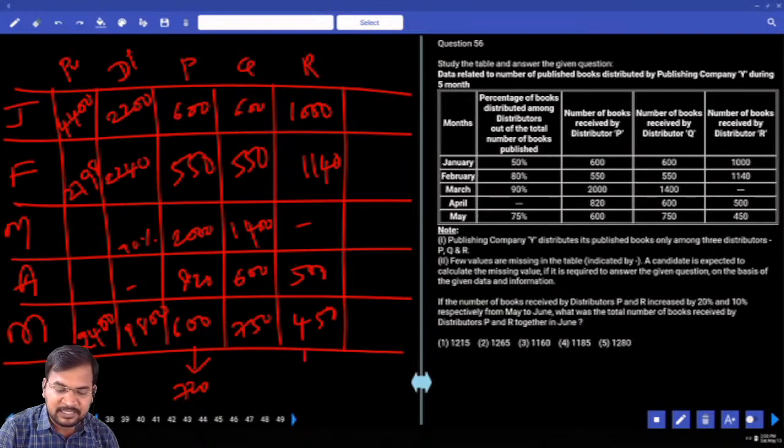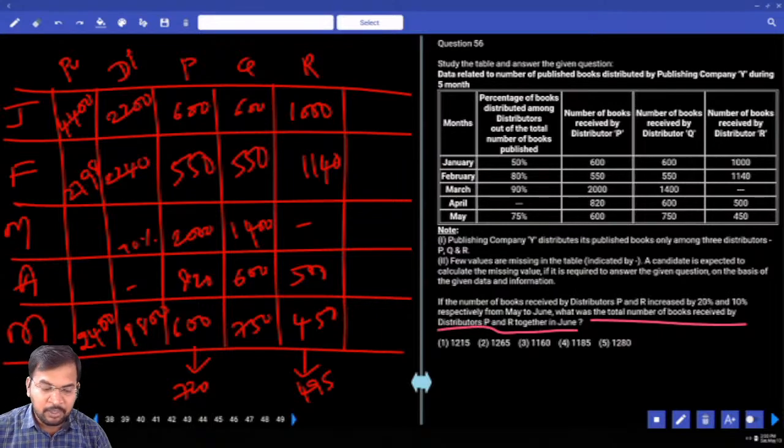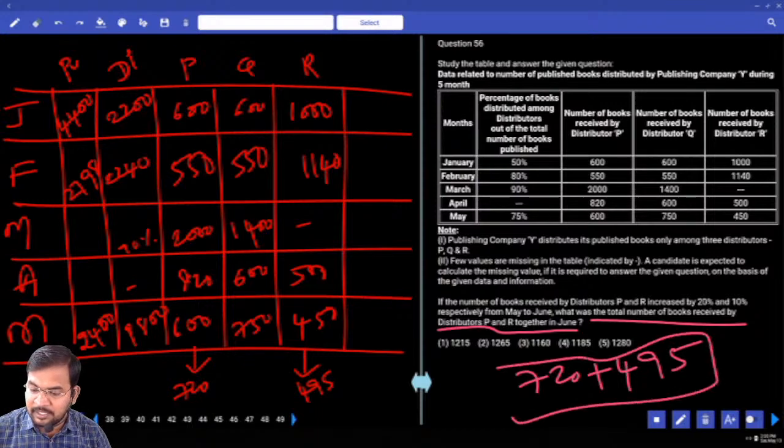For R, a 10% increase is nothing but how much? 495. Now they are asking what was the total number of books received by distributors P and R in June? 720 plus 495, together is how much? 1,215. Like this, it's very easy to solve. Okay?